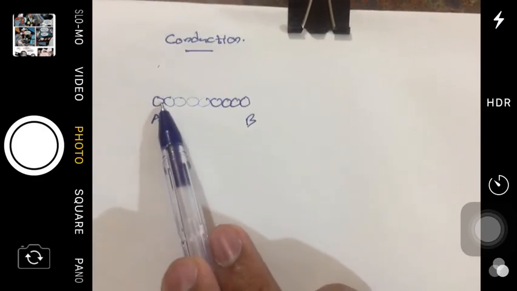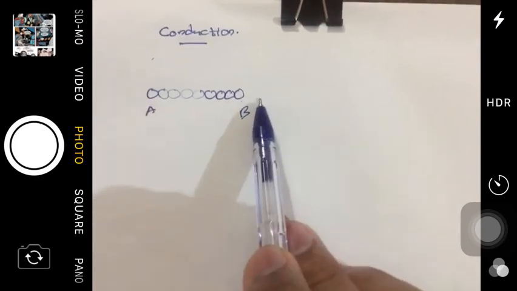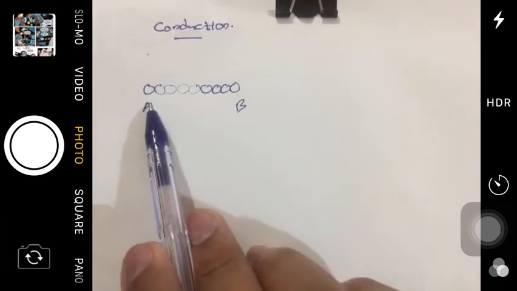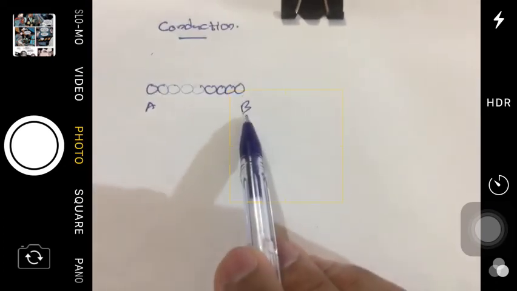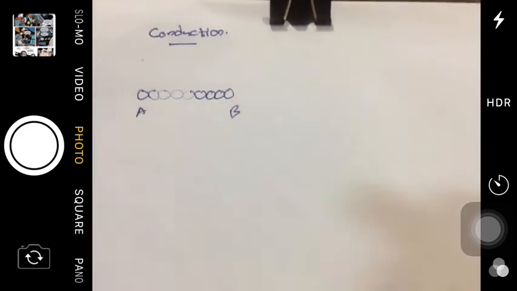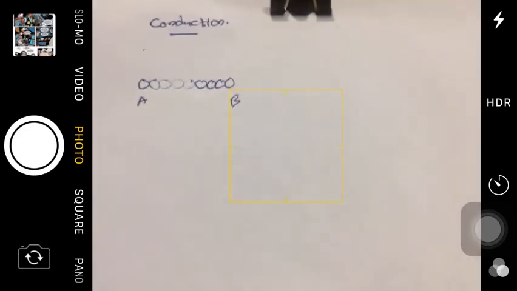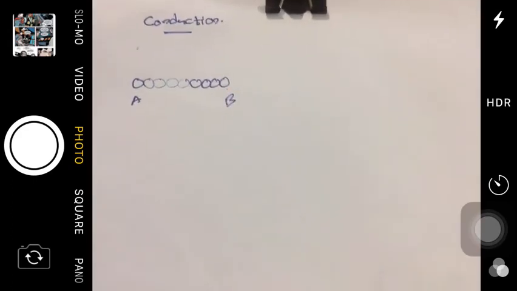That means if there is an atom here and it is in contact with another atom and another atom and so on, so you have the first atom and the last atom. Now heat goes from A to B, the heat energy goes from A to B, but A remains at its position and B remains at its position. So it's a method of heat transfer where the atoms of the materials are not moving.